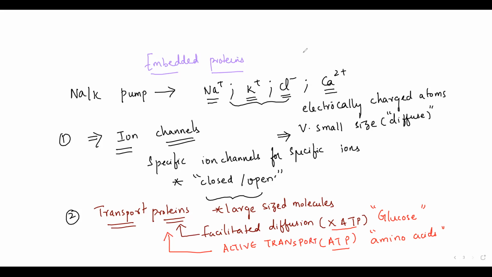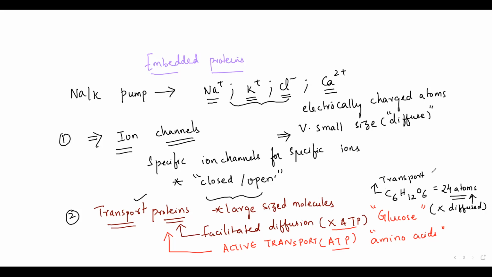Remember children, why am I speaking about the large size? Because when you speak about the glucose molecule C6H12O6, you are passing almost 24 atoms through the transport protein. So we use these transport proteins, because such molecules can never be easily diffused. Because of their huge size we are using transport proteins.